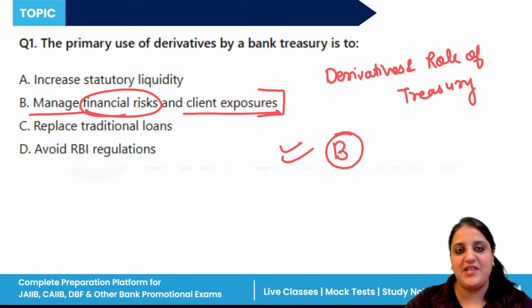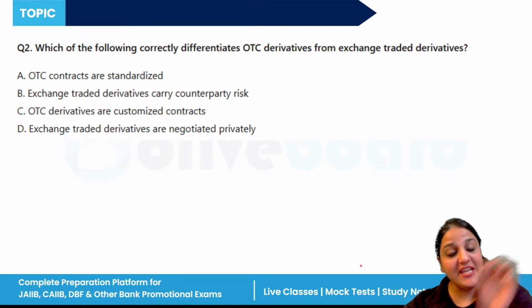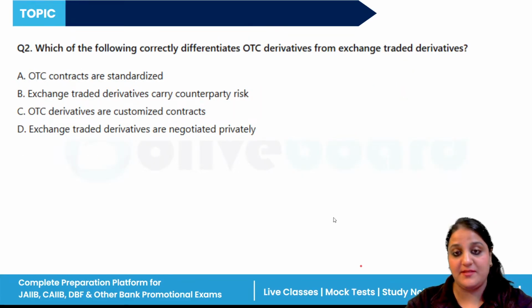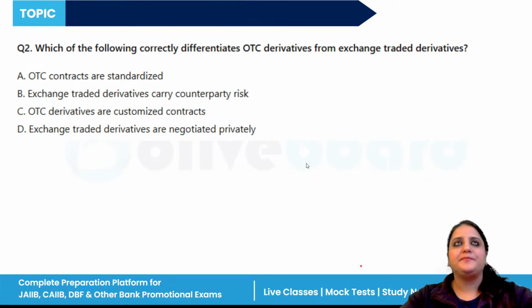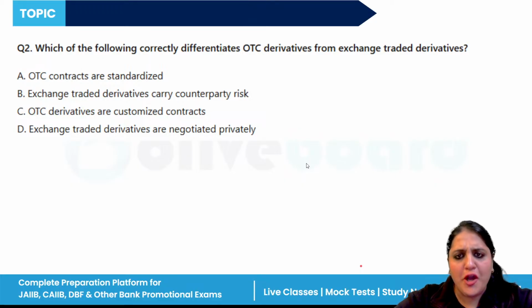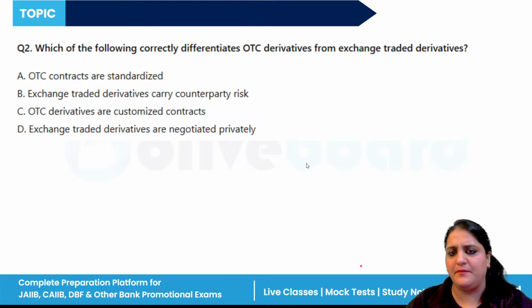Now let's understand the second concept, then you have to give the answer here. Suppose a corporate customer comes to the bank and says, I need a US dollar INR contract for 37 days for US dollar 3.75 million with special settlement terms.